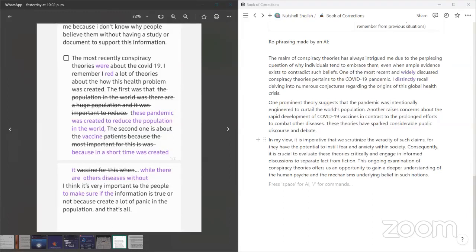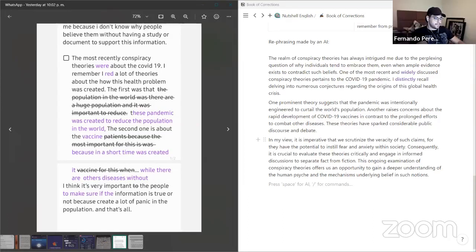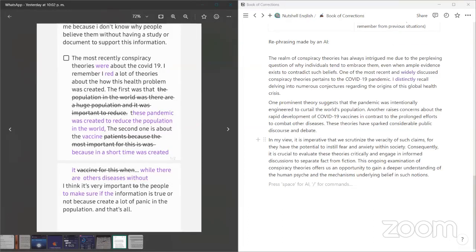Another raises concerns about the rapid development of COVID-19 vaccines, in contrast to prolonged efforts to combat other diseases. These theories have sparked considerable public discourse and debate.